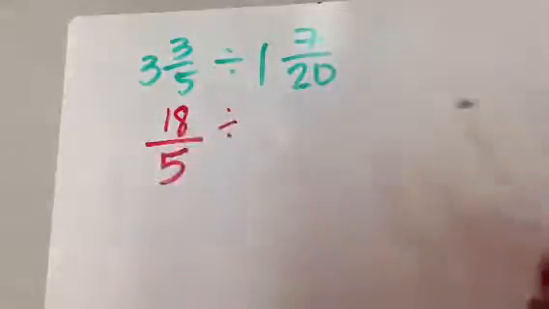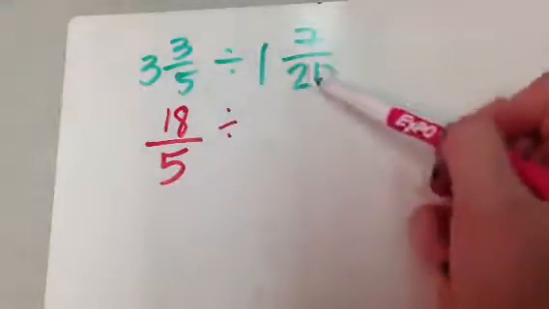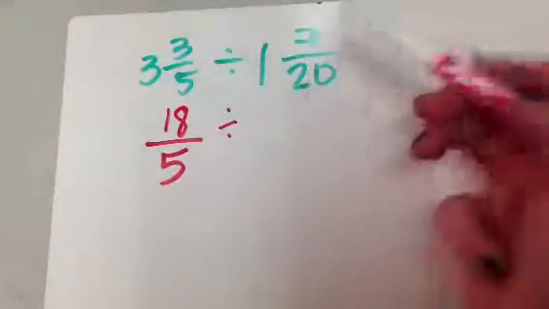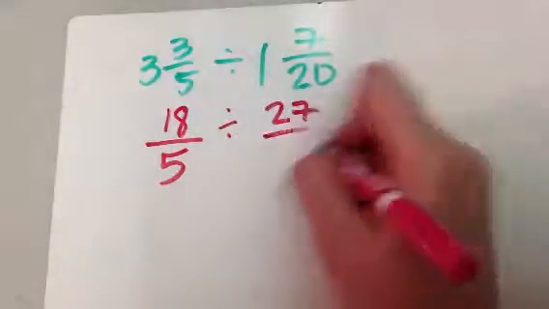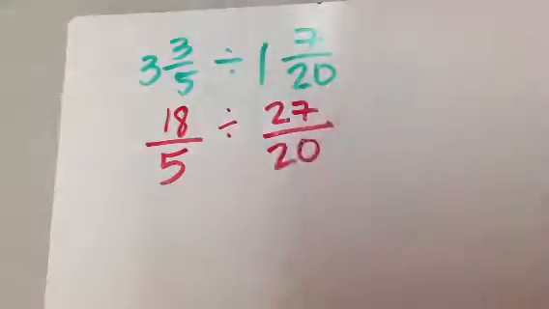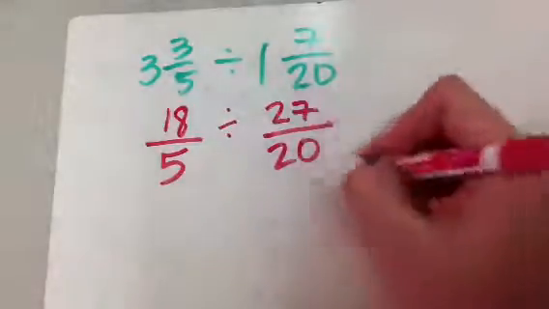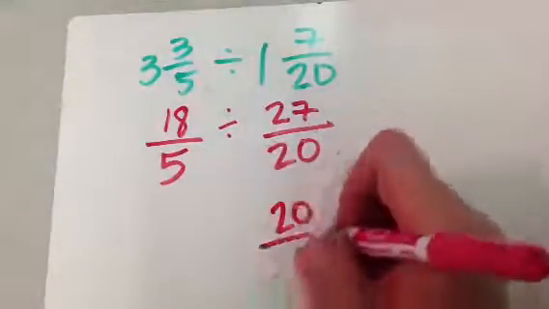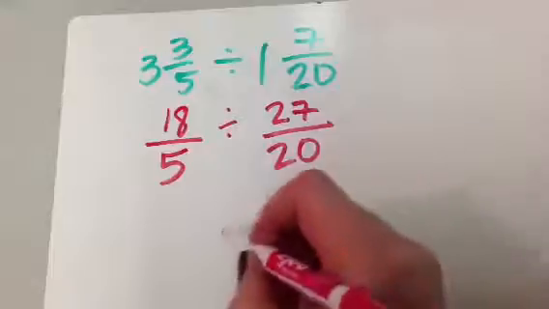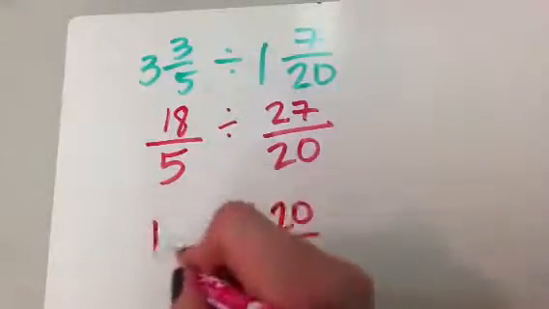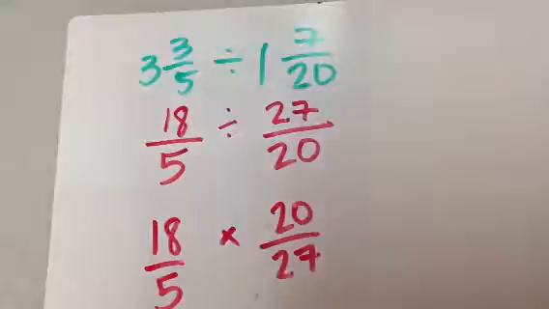Bottom number stays the same. 1 times 20 is 20, plus 7, 27. Bottom number stays the same. Okay? Now I'm going to flip this guy. I'm going to change to multiplication, and I'm going to leave that guy exactly how he is.